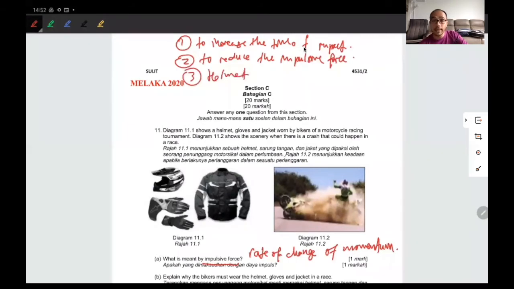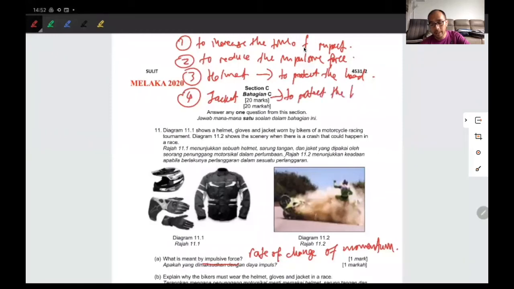Point number three, the helmet. You can talk about the helmet: the helmet is to protect the head. Then point number four, the jacket and the gloves, which is about the same. Obviously, it's not to protect the head. You don't wear a jacket to protect the head, you wear the jacket to protect the body.